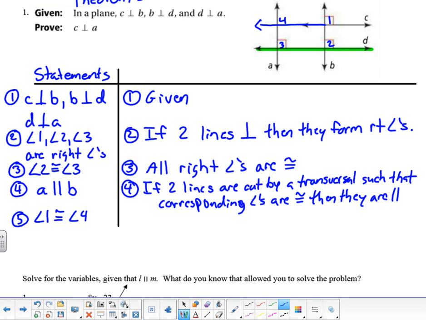Because if two lines are parallel and cut by a transversal, then corresponding angles are congruent.